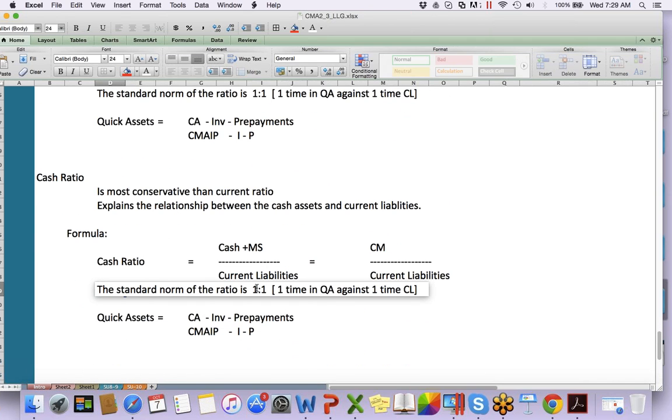The standard norm of this ratio is that you can have around 0.5 against your total current liabilities, because total current liabilities will be paid from accounts receivable after collecting and inventories after selling. But you don't need the entire amount of current liabilities in cash balances. Say for example, you purchased inventory of $1 million.